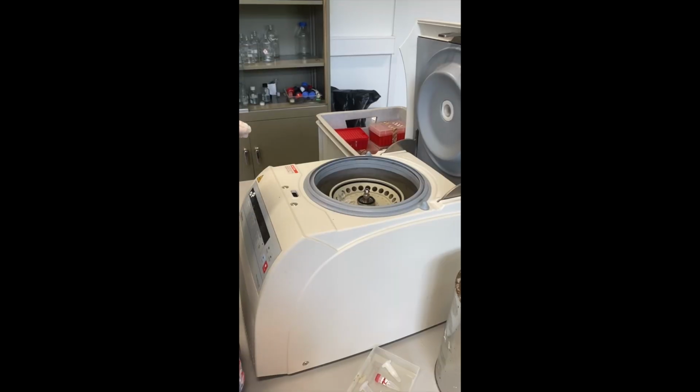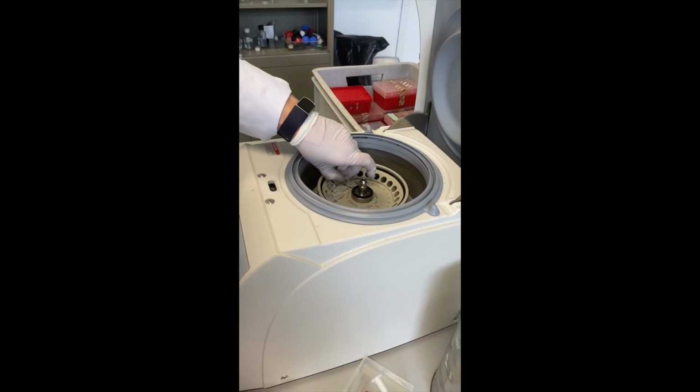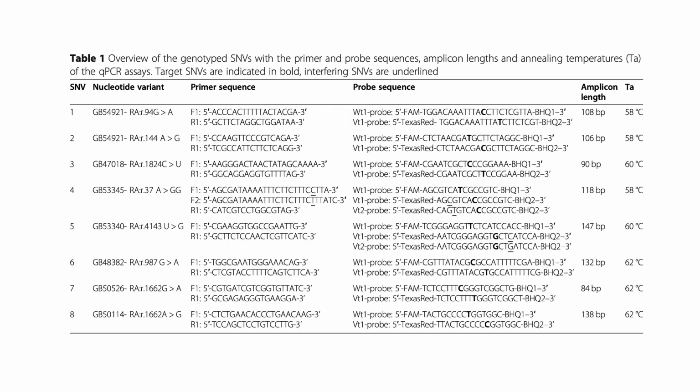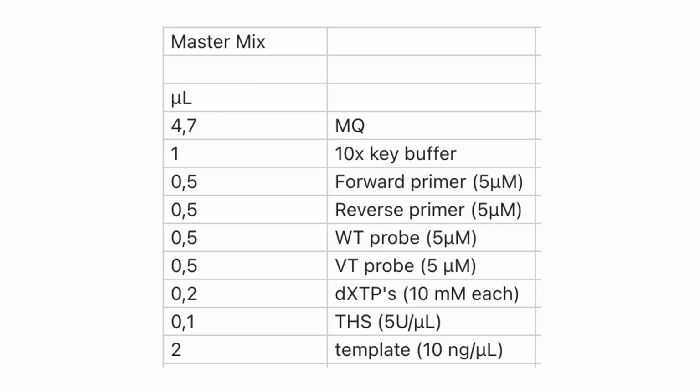Finally, the DNA is eluted in 50 microliter of elution buffer. Now the DNA is ready to be used in the TaqMan assay. Before we can start, the probes and primers for the different SNPs need to be synthesized. The reaction contains, next to the probes, primers and DNA, also dNTPs, buffer and a Taq polymerase of your choice.